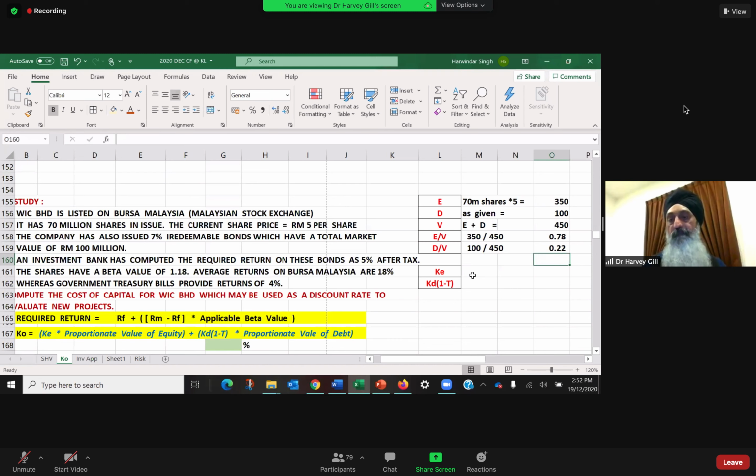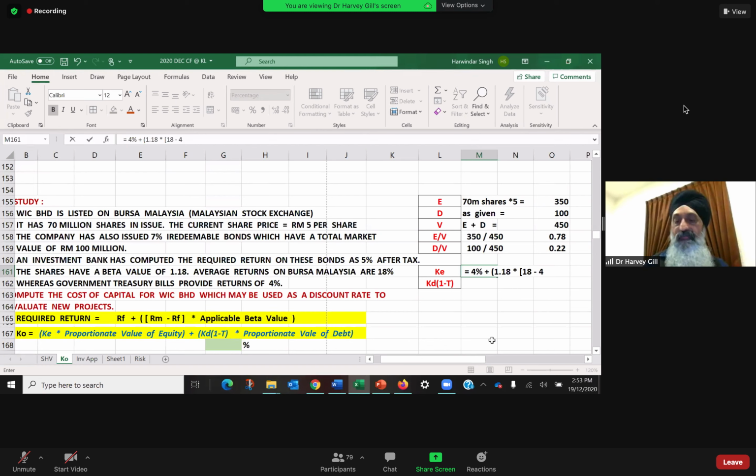So KE is equal to, yeah, this is equal to 4% plus beta value 1.18. Doesn't matter if you put beta before or after, multiplied by, what's the market premium? 18% market returns minus the treasury bill returns, which are 4.